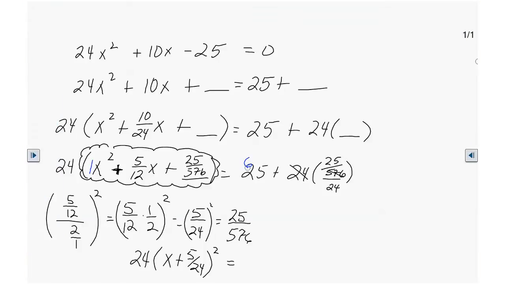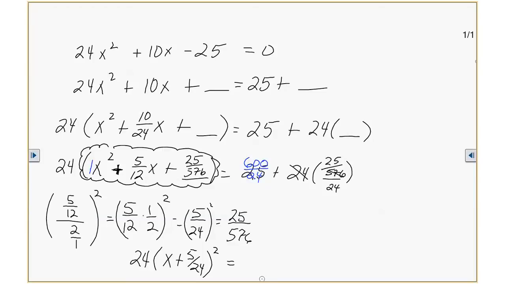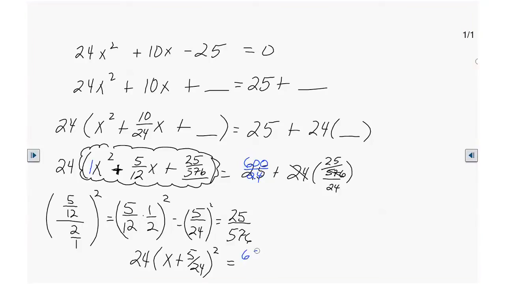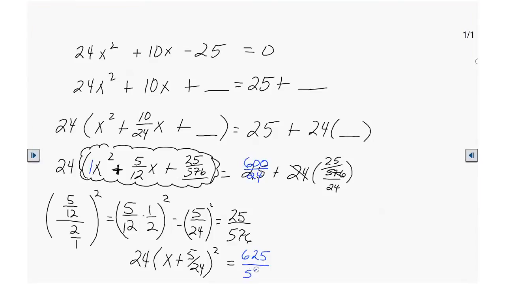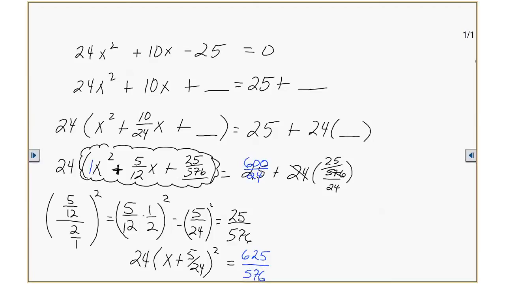So this is 600 over 24. So, oh my, 625, that's a perfect square, isn't that nice? So that comes out to be 625 over 24 times 24 is 576. All right, now at that point you can find your vertex.